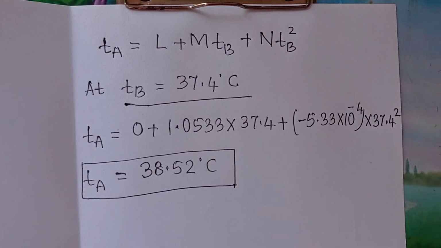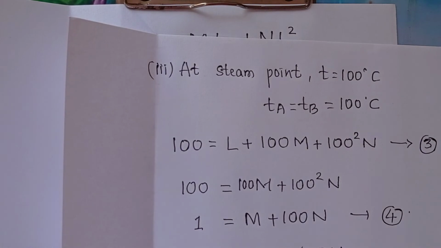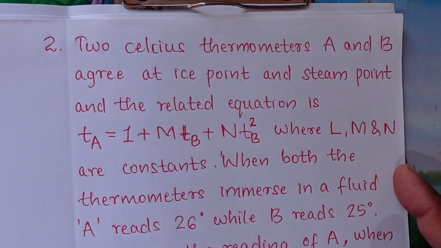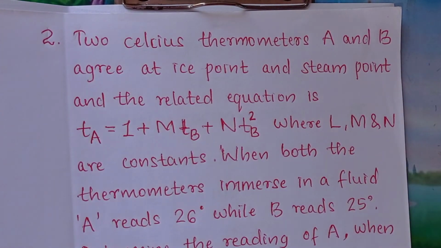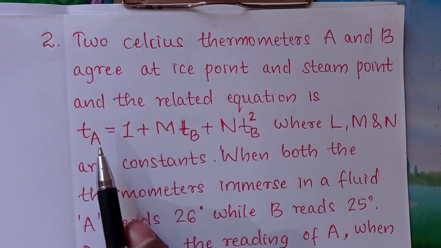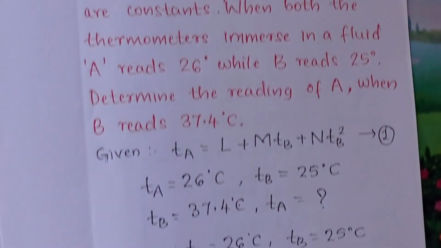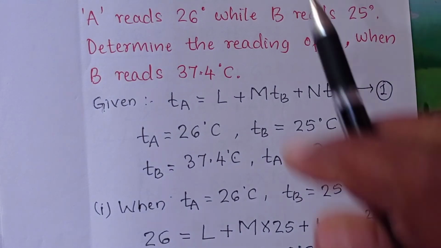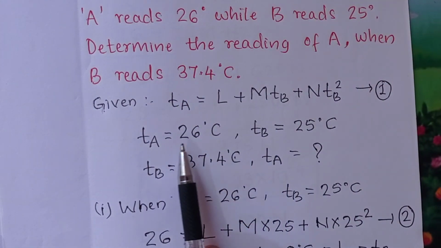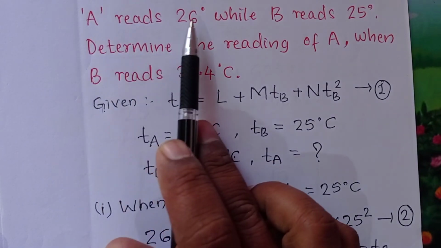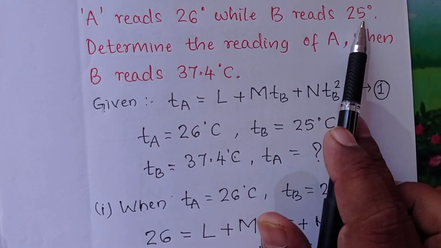So let me repeat what all I have done in the problem once again. Let me take out the sheets. Two Celsius thermometers are given, A and B, and the governing equation is Ta is equal to L plus m Tb plus n Tb square, and both are agreeing at ice point and steam point, and he has given us the temperatures, that is when A reads 26 degree centigrade, B reads 25 degree centigrade.